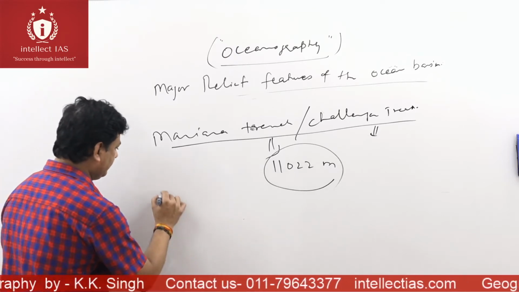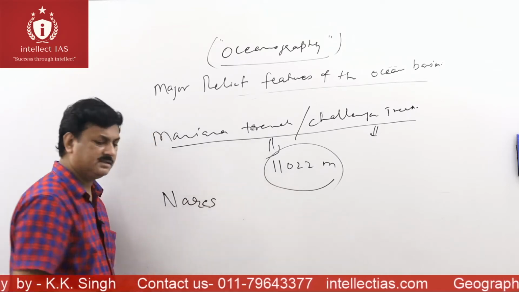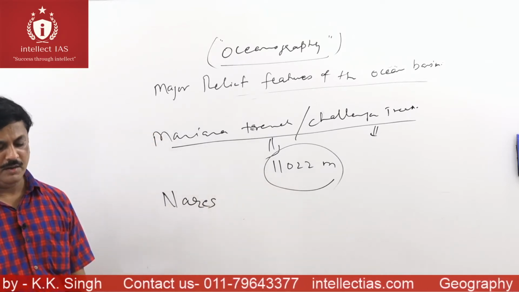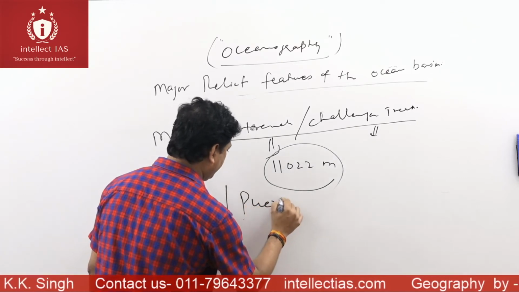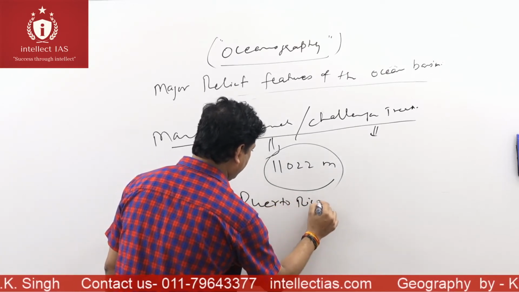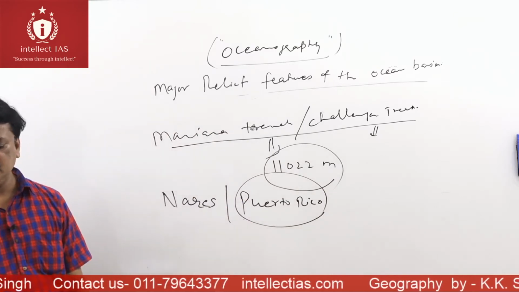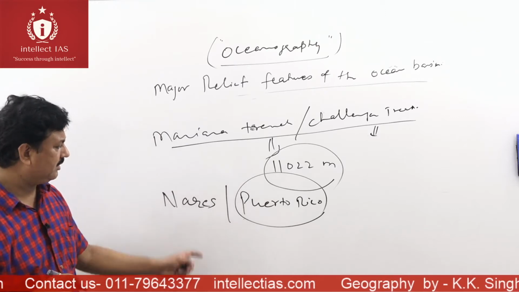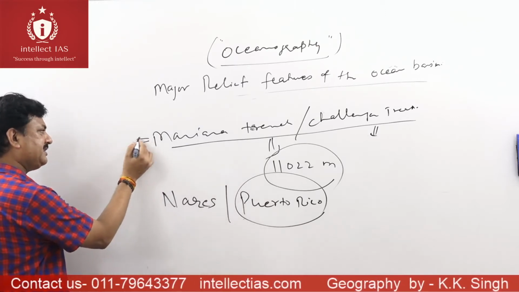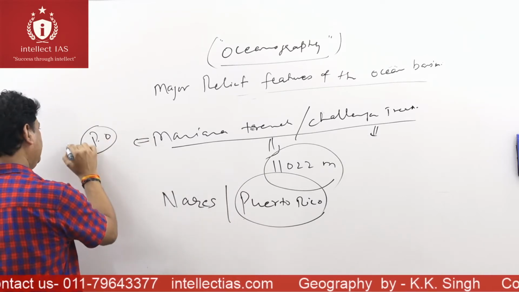Then the Nares or Puerto Rico Trench is the deepest trench of the Atlantic Ocean. It is in the North Atlantic. The Mariana Trench is the deepest trench of the Pacific Ocean, in the North Pacific.